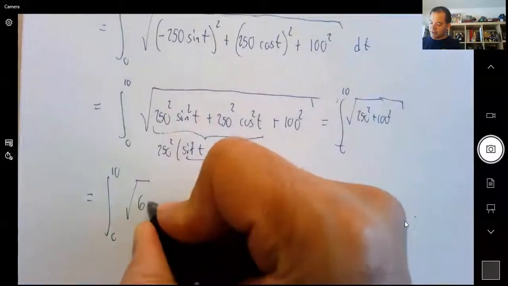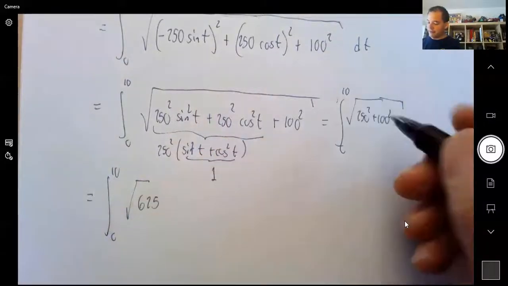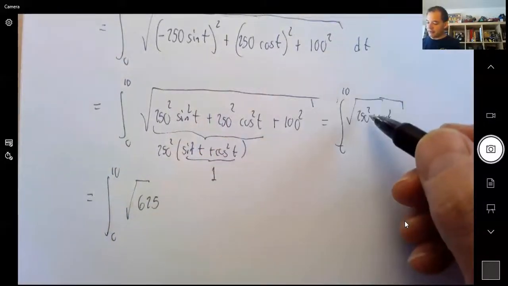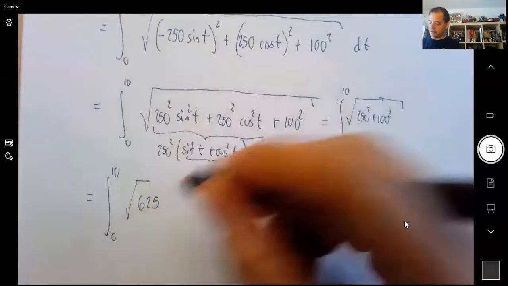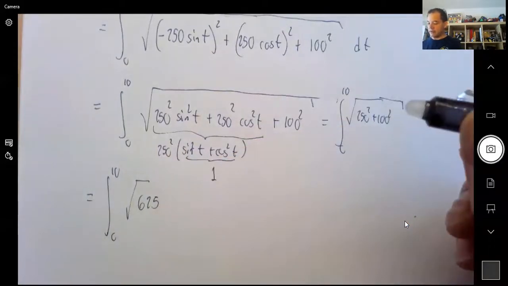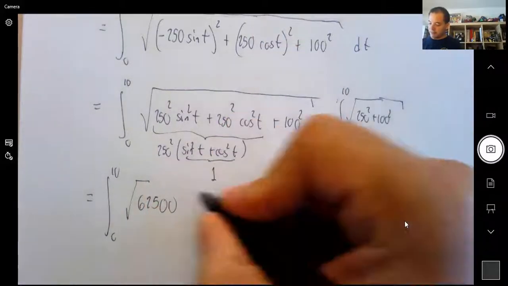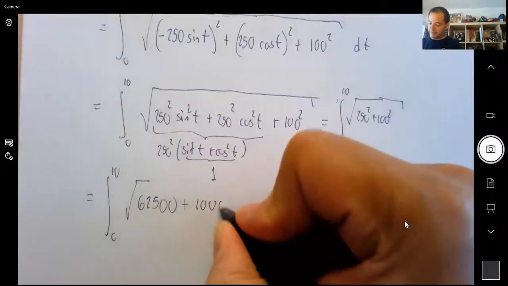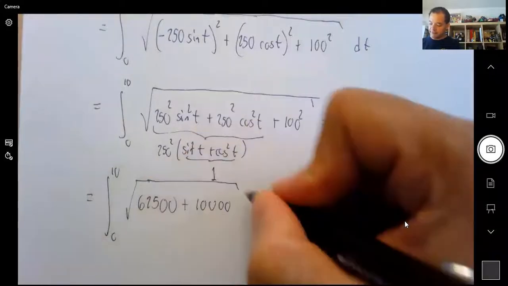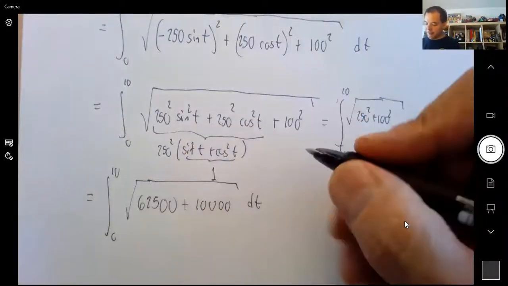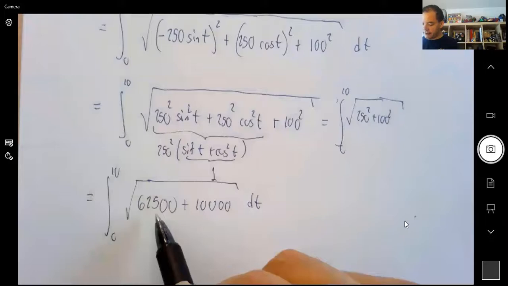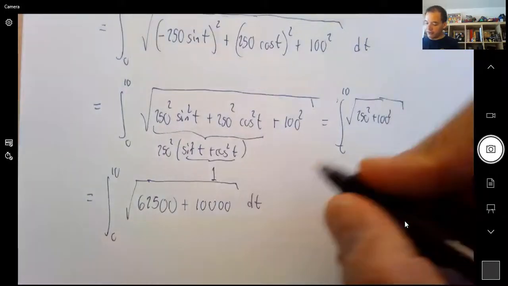So it's, let's see, 250 squared is 62,500, and then 100 squared is 10,000. So the total is 72,500.